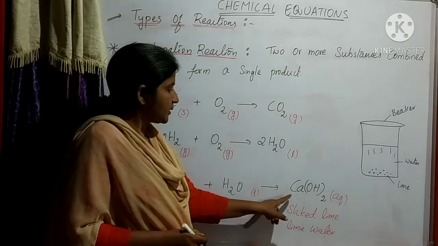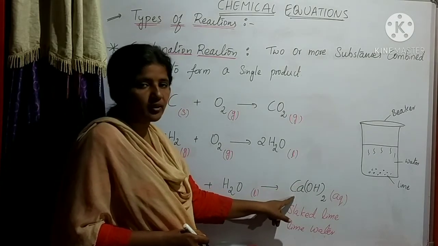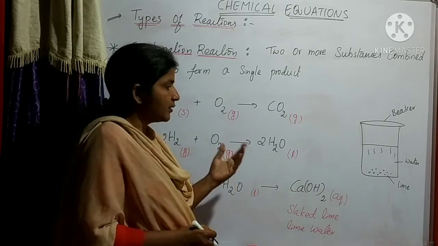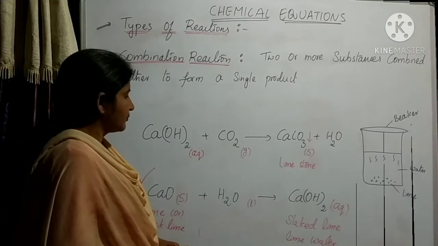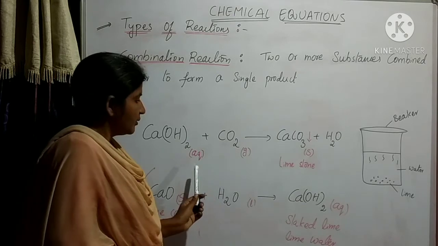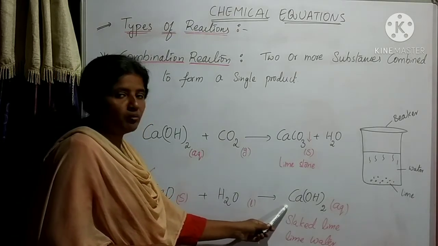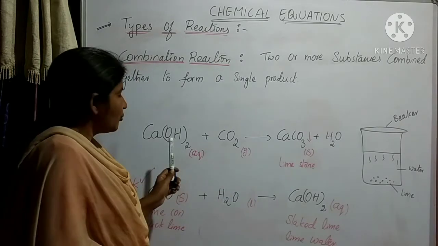Next, this calcium hydroxide which forms as a product is used in whitewashing walls also. I will write the related equation also. Look here, when the calcium hydroxide formed as a product is applied on the walls, what will happen?